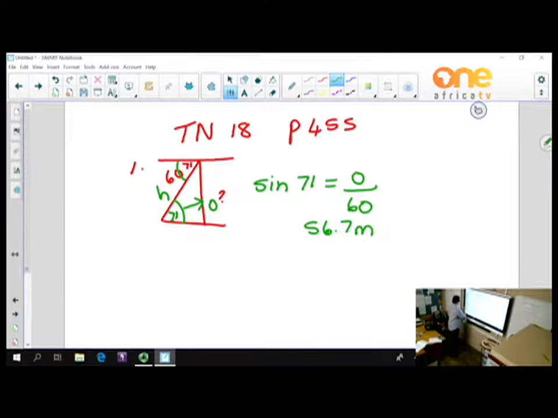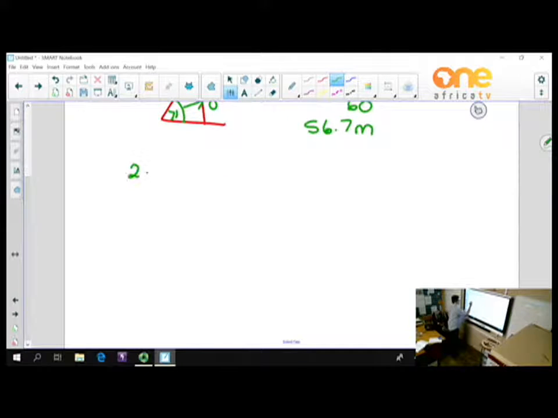The second one there, question 2. So again, you get that right angle triangle. A point A on the ground is 100 meters from the building. So there's the 100 meters. The angle of elevation up, that one is 39 degrees.